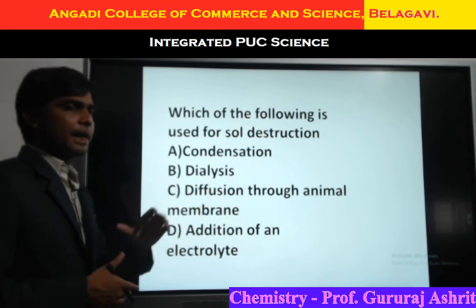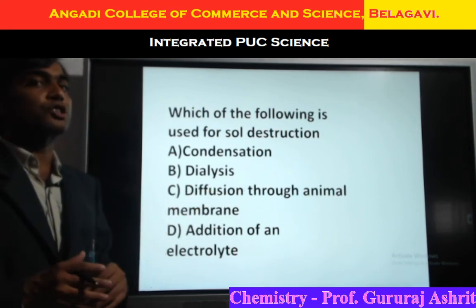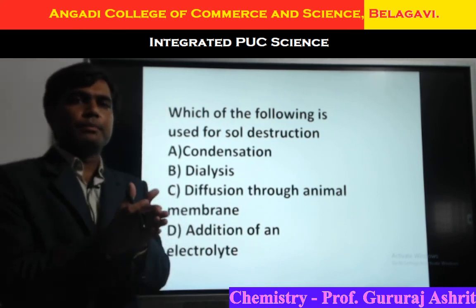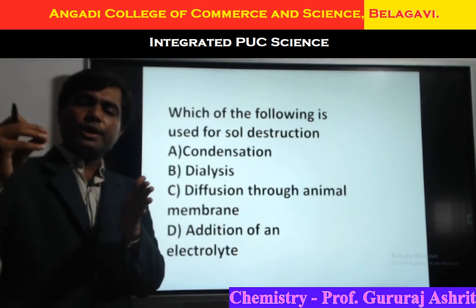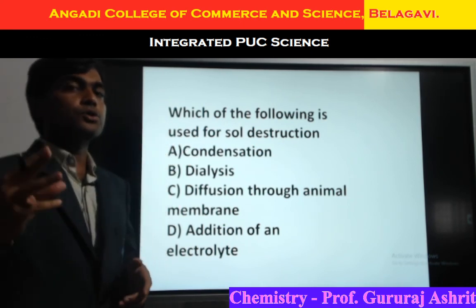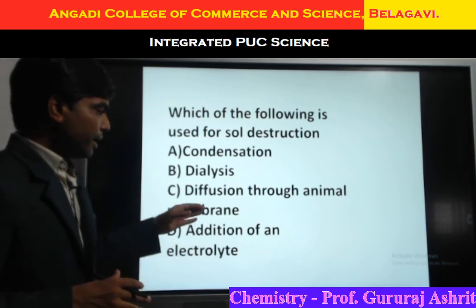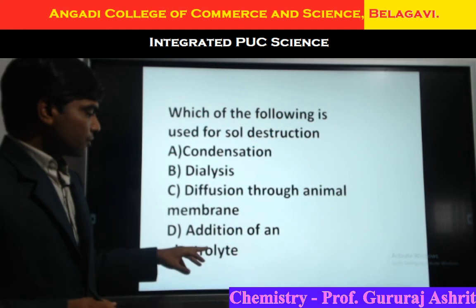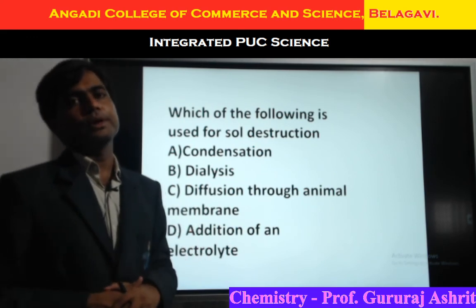And diffusion through animal membrane means what? Already we know osmosis. In osmosis, we are using a semi-permeable membrane, parchment membrane, where the solvent molecules move from higher concentration to lower concentration. If we do that, will the sol be destroyed? No. So the last option is addition of electrolyte.